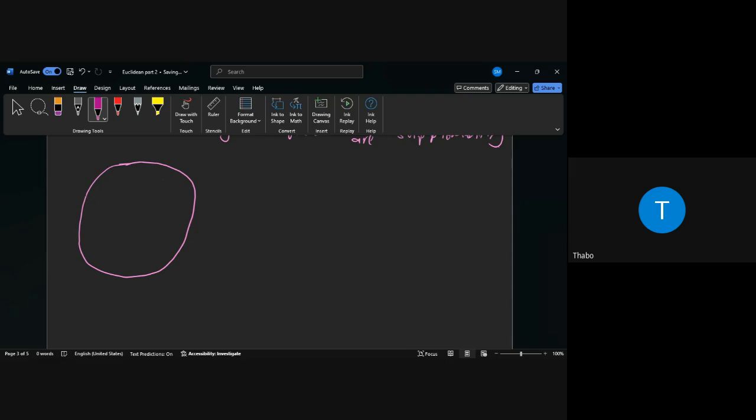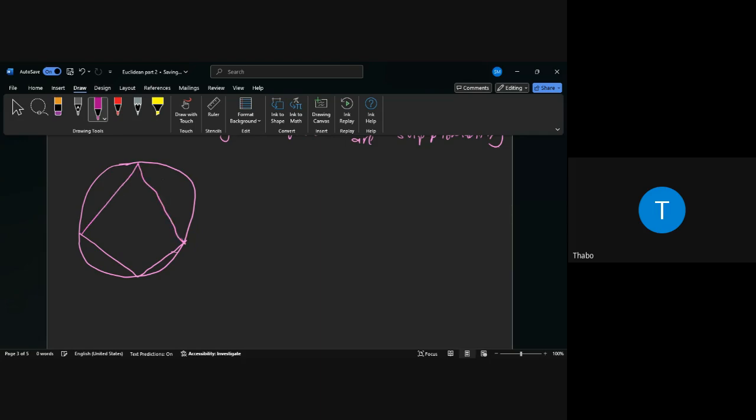So I'm just gonna draw a cyclic quadrilateral, meaning all my vertices must be on the circumference. Perfect.